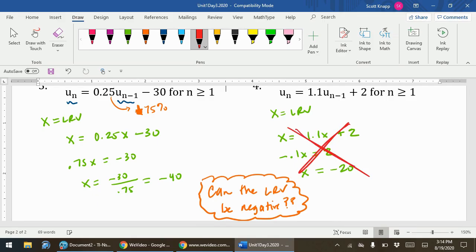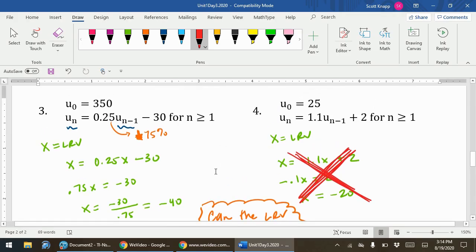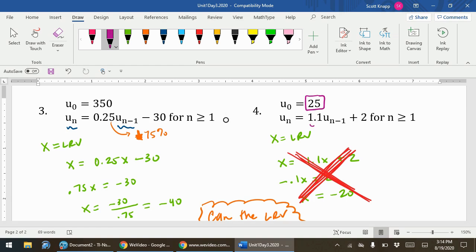So how will we know if we can't find the long run value? Well, truth be told, we're going to have to do a little bit of thinking, just like we always do in math. If we take a look at our recursive rule, we should have known right away that this was going to happen, because it doesn't really matter what we start with. We haven't really talked about the first term when we find the long run value, but look at what we do with that previous term in the first case.